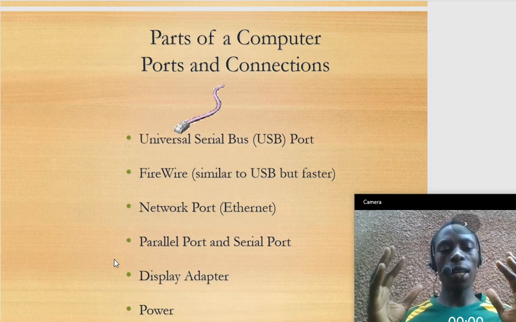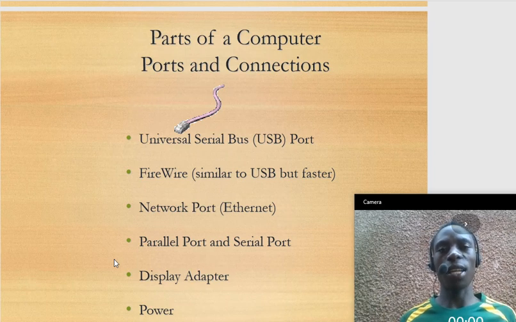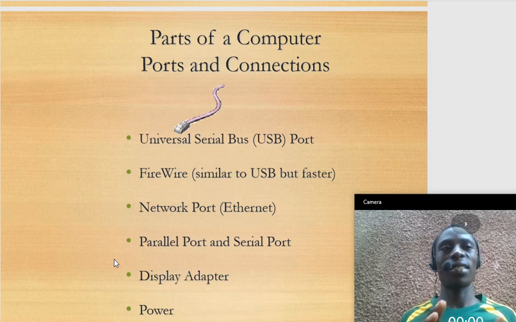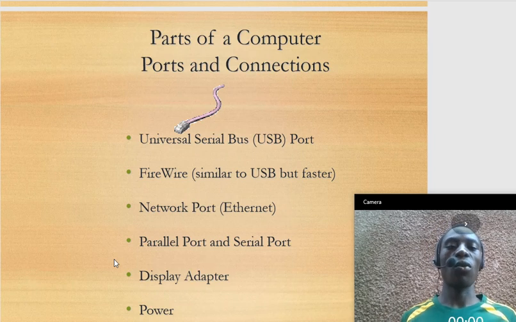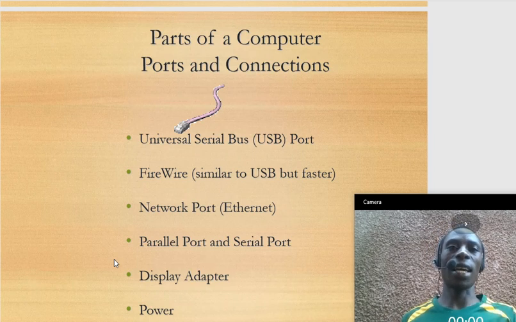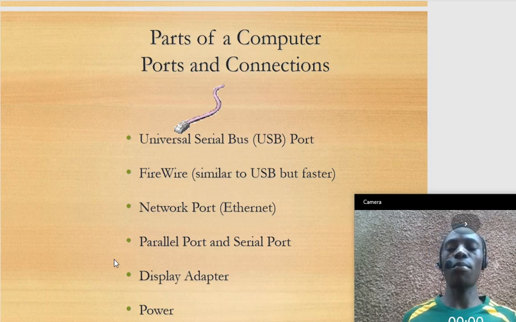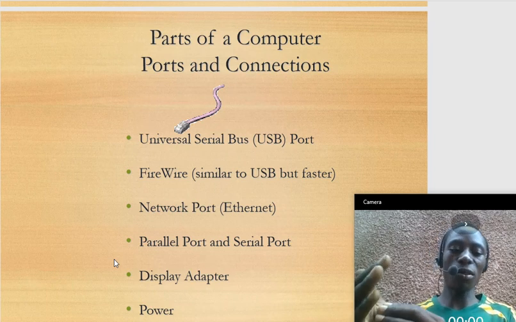We have looked at all the other parts of the computer: the hard disk, the motherboard, the central processing unit, the memory, the monitor, everything. But remember, all those parts need to be connected to one another. What we need is the connectors. In simple terms, the cables and the ports, the holes where to put them.